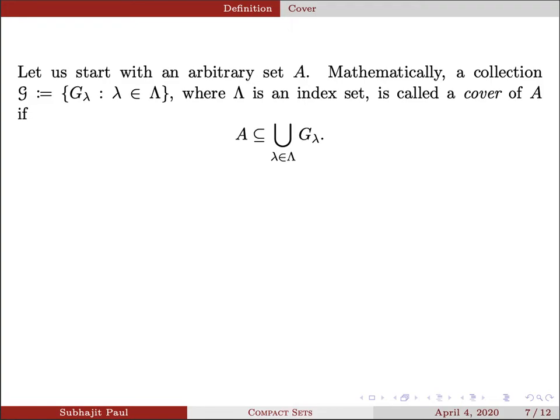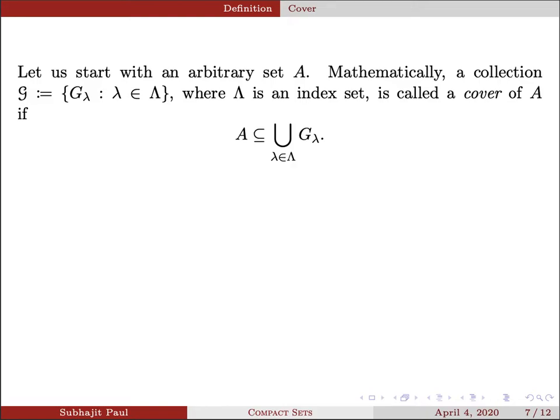That means the union of all the G lambdas, where the small lambda varies over the index set capital lambda, is a superset of A. Then this collection script G is called a cover of A. Fine.